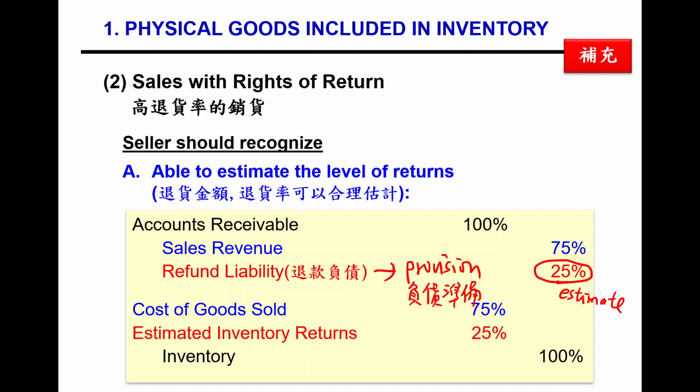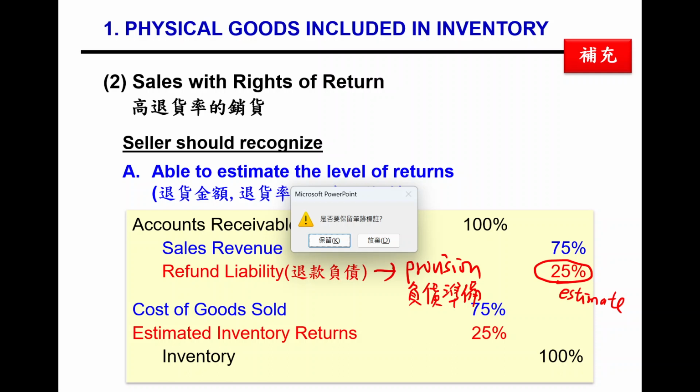Okay, any questions? No problem? Okay, so here I just want to show you that provision, 负债准备, is quite common in our life, okay?